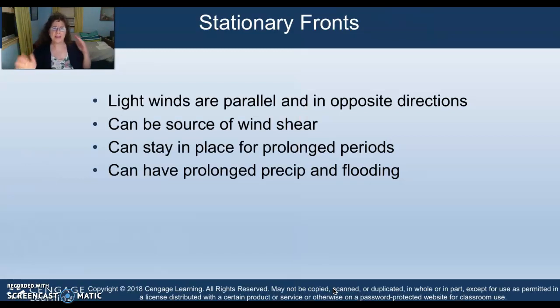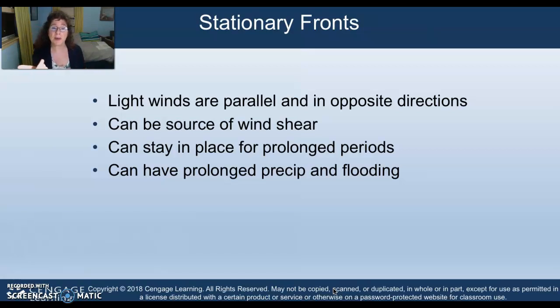I talked about the fact that they don't move very much. There's not a lot of winds because winds would move them. So there's very light winds around a stationary front. That could be a source of wind shear. Remember, wind shear has different speed and different direction. This doesn't have much in the way of speed, but it does have opposing directions.